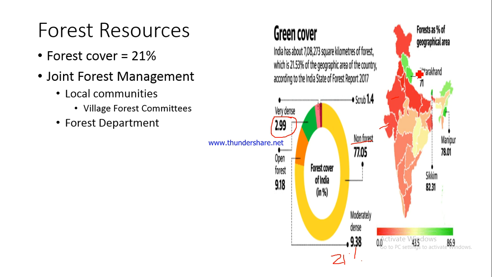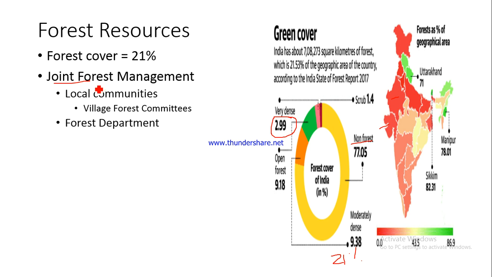Okay, to protect forest, now you understand that protecting forest and expanding the forest area is a dire need for humanity today, and the same is the case with India. So we have come up with an innovation, which is known as joint forest management. Now why do we know it as joint forest management?